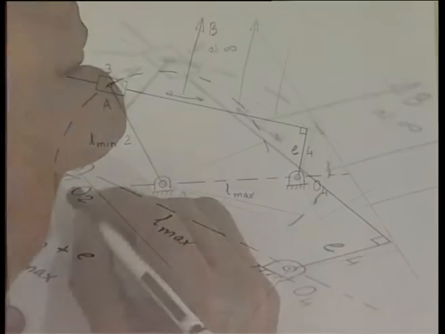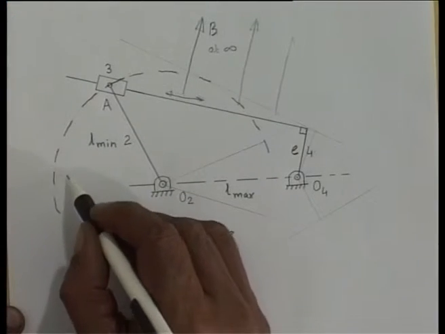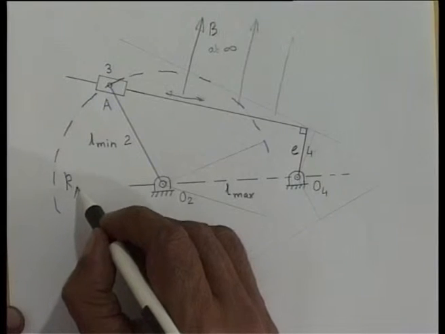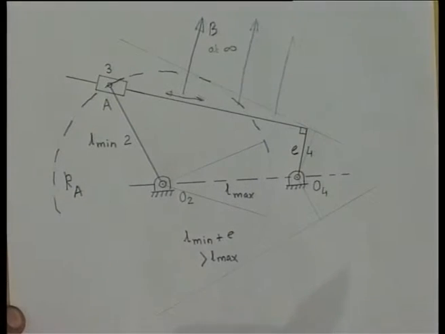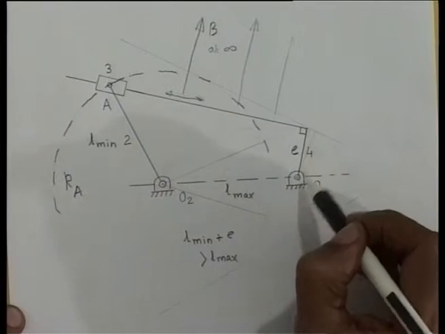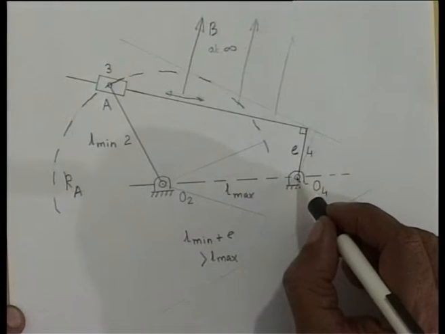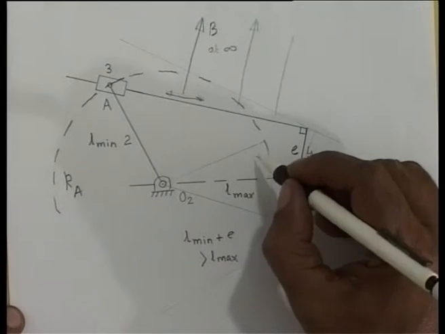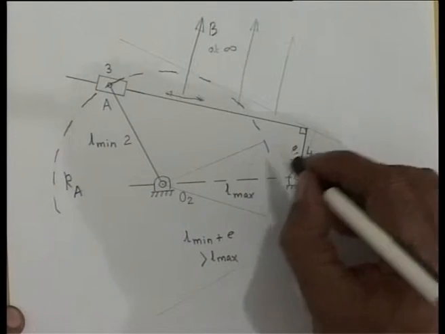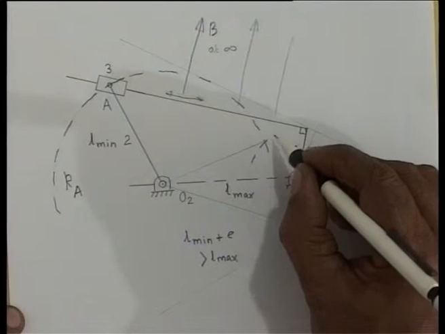This is the path of A. We call it Ka. And this offset E, this distance, rotates with O4 as center and E as the radius, that is, this corner moves on this circle.